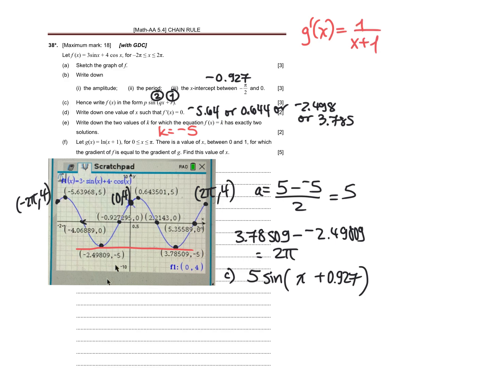And we have f derivative. I'm just going to use the original one just because we rounded that 0.927. So this is going to be 3 cosine x minus 4 sine x. So we can set these two equal to each other and then find that intersection.